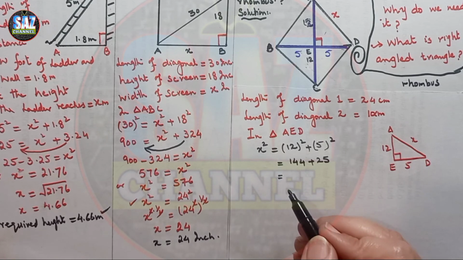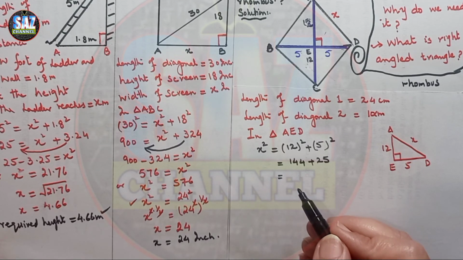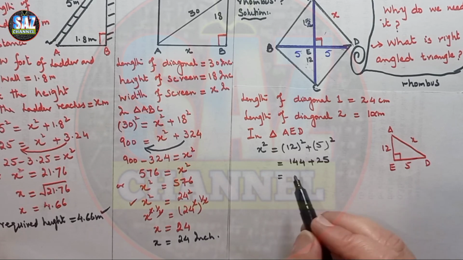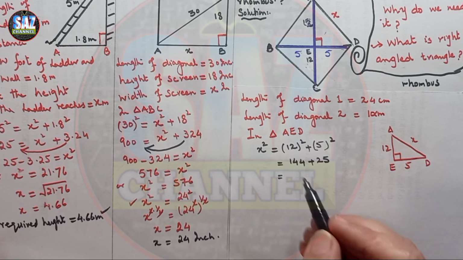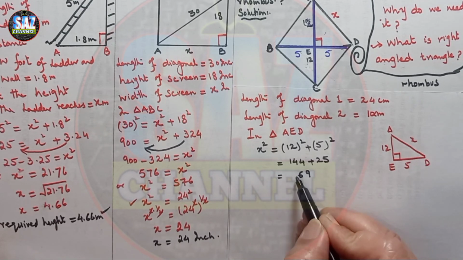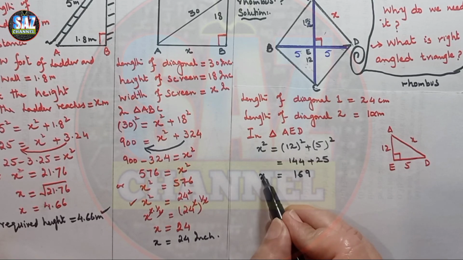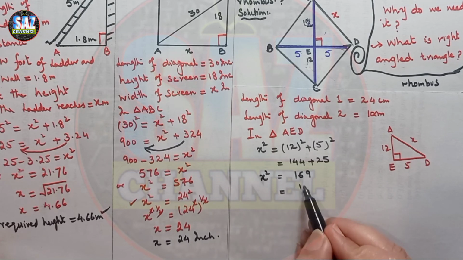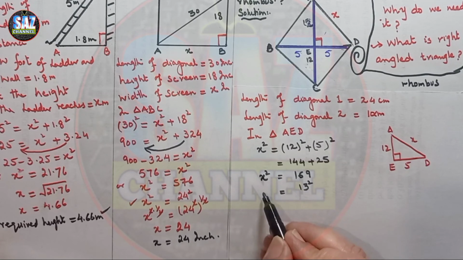I hope you remember that we learned the squares of the numbers from 1 to 30 in chapter number 3, where we applied the identities. If these terms are clear from there, the lesson will be easy for you. 5 plus 4 is 9, 6 and 1. Now recall the number whose square is 169, that is 13 square equals x square.